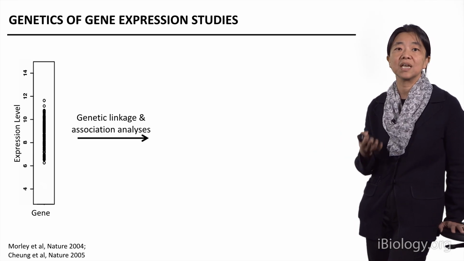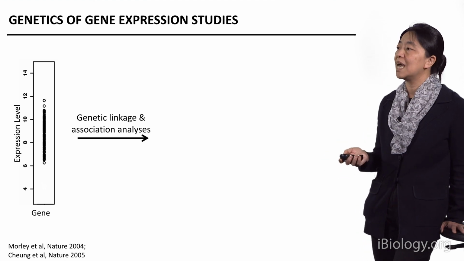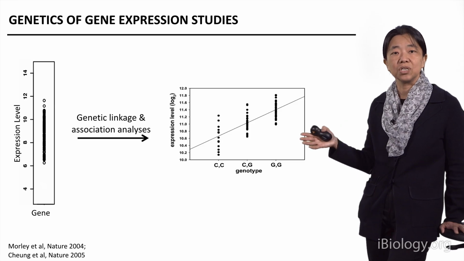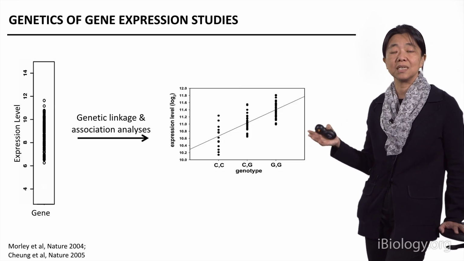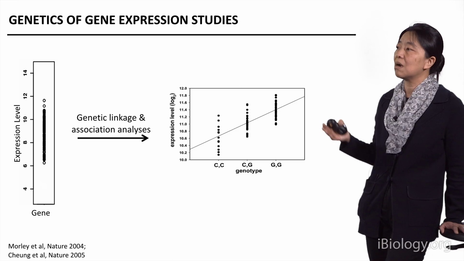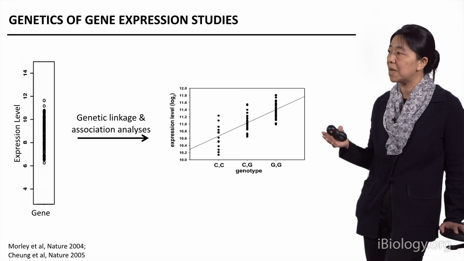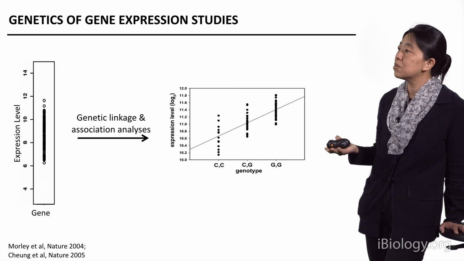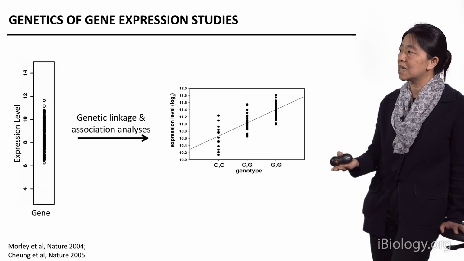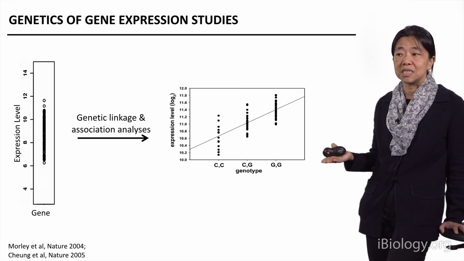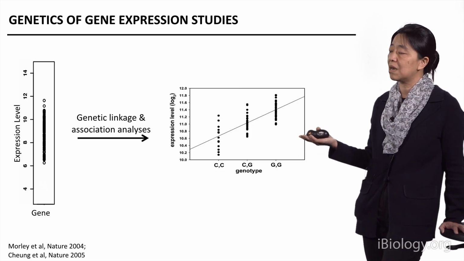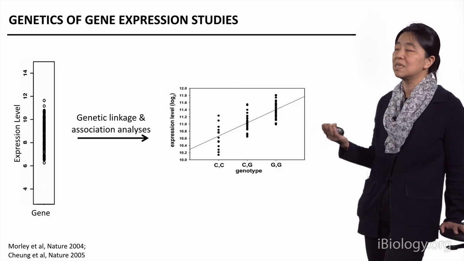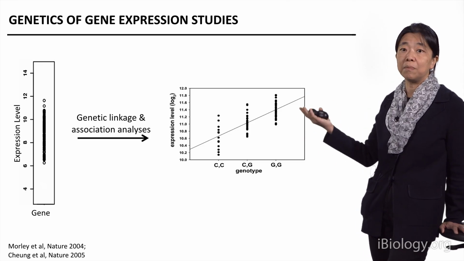We can use different types of genetic mapping methods and ask, when we look at sites in the genome where people have differences in DNA sequences, whether there are some DNA sequences that allow us to decompose this range of gene expression. So for example here, at a site where some individuals have DNA sequence that are CCs, some individuals have gotten a C from dad, a G from mom, let's say.